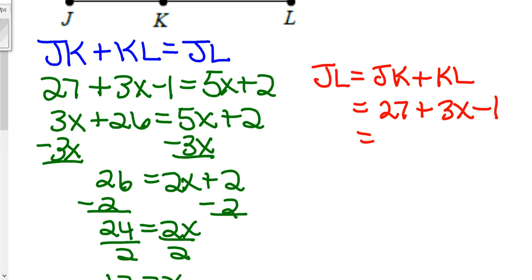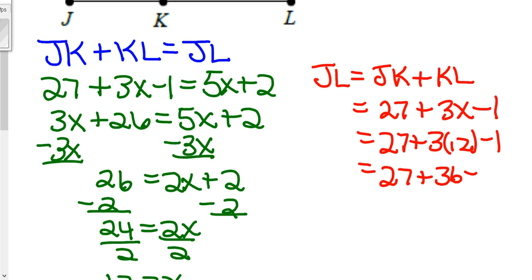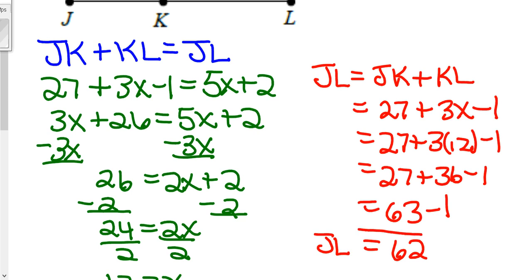So now we're going to substitute in 27 plus 3 times 12 minus 1. 27 plus 36 minus 1. 63 minus 1, and our answer is 62 for JL. And that concludes our third example on using segment addition postulate and algebra.